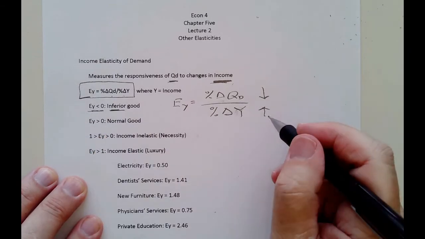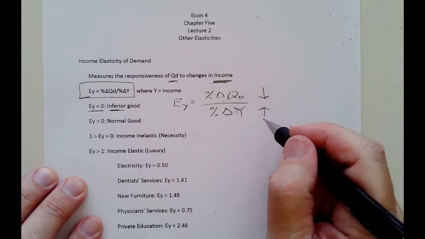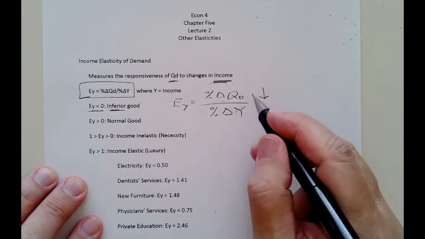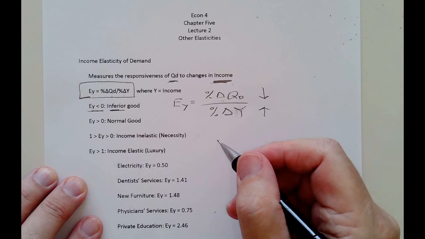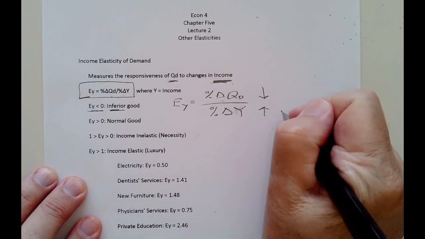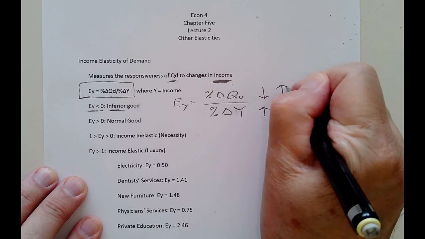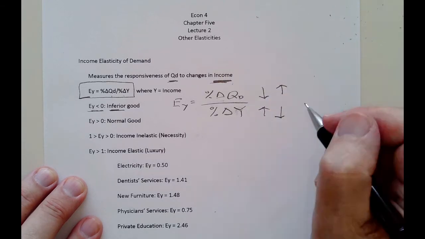If income goes up for a lot of people, they no longer are a starving student. They get a full-time job making good money, and now they'll be buying less top ramen and maybe buying more steak, more pork, things like that. And then if income goes down during a recession, then people buy more of these things. More staples, maybe shop at Goodwill more, things like that.